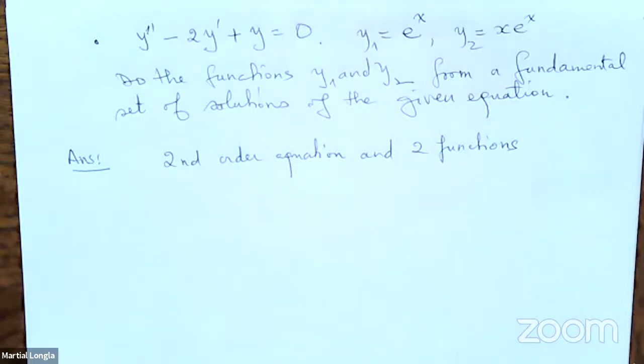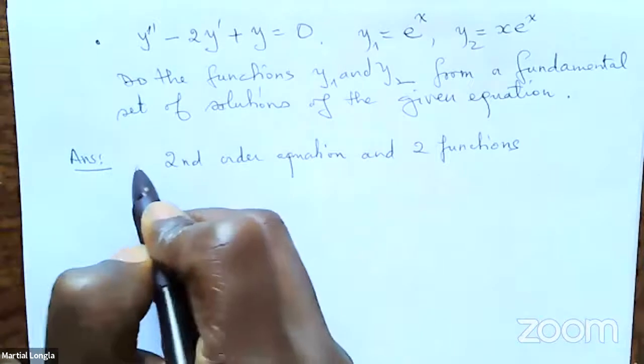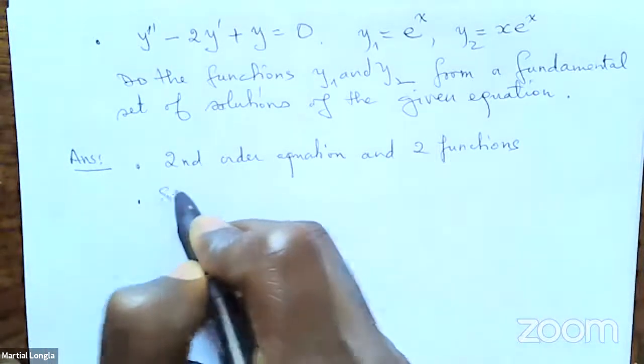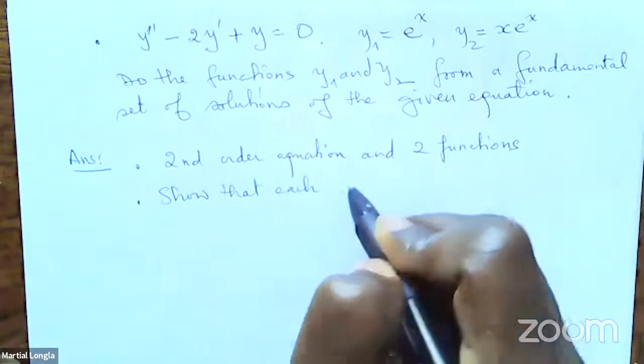If you have a third order equation and two functions, there is no way they are going to form a fundamental set of solutions. So it is important to make sure you mention that the order of the equation matches the number of solutions that you got. Second thing, you need to show that each of the functions is a solution.